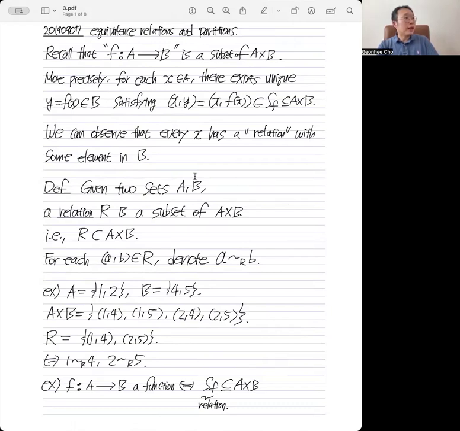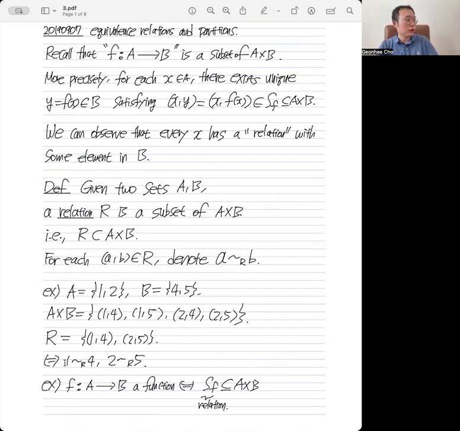An input may be connected to no output. An input may be connected to several outputs as well. A relation is simply a structure that records which element is connected to which element. For example, consider the sets A and B this way, then we can define the relation in this product set by just picking these pairs.